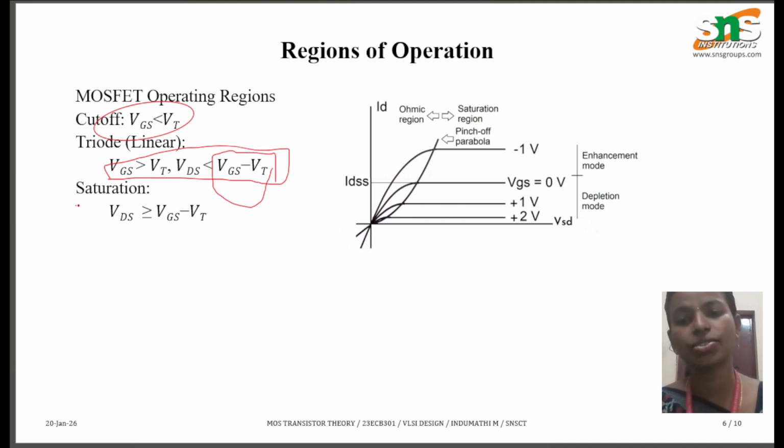Next is saturation. The MOS acts in the saturation region when the drain source voltage is greater than or equal to the difference between gate source and threshold voltage. In that also we have enhancement mode and depletion mode.